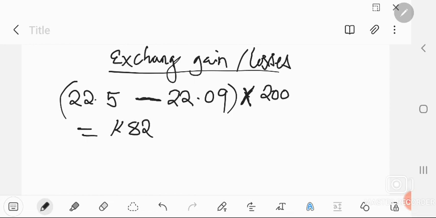Now, what has happened to the dollar? Initially, at the beginning, it was trading at $1 for 22 kwacha 15 ngwe. But now at the month end of March, it's trading at 22 kwacha 09 ngwe. So this would be an exchange loss.